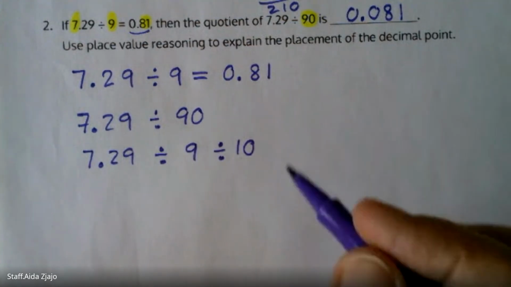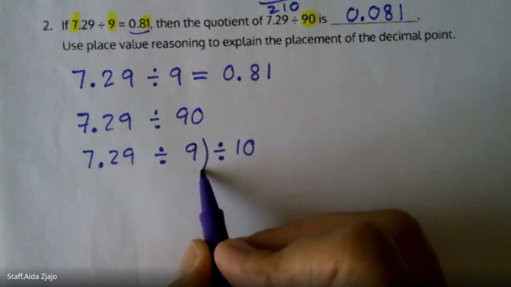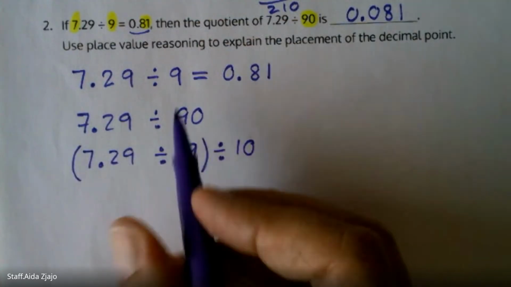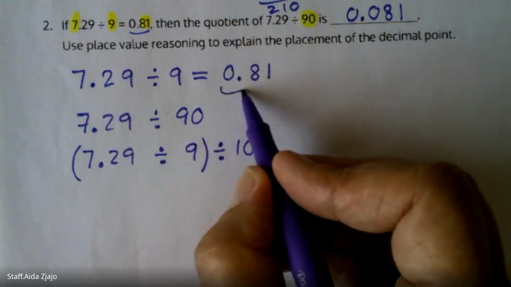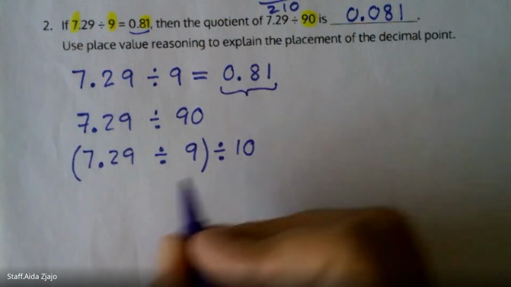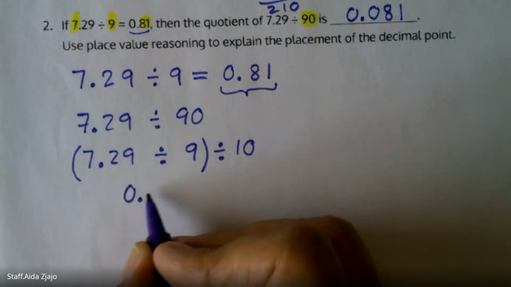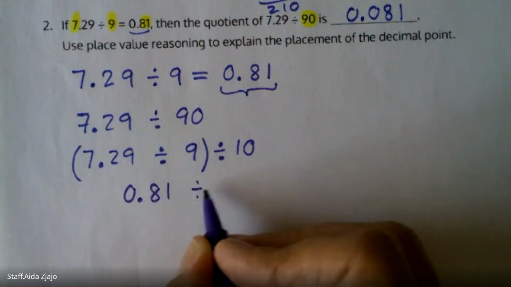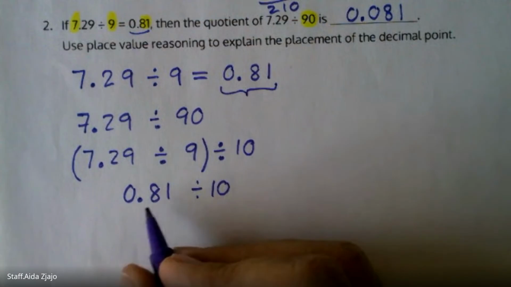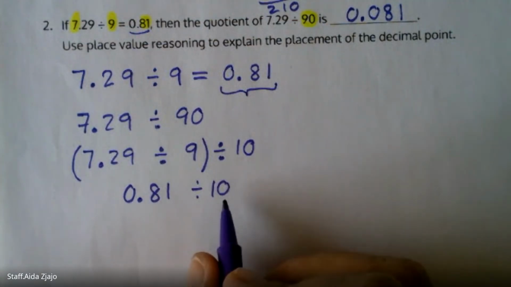So that means this quotient, the first that you got here, could be divided by 10, and then you will get 0.81 divided by 10, and the number is going to get 10 times smaller.